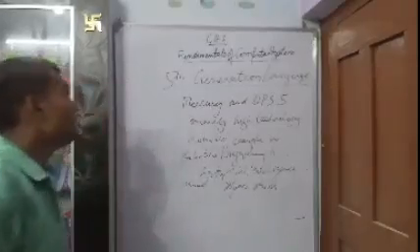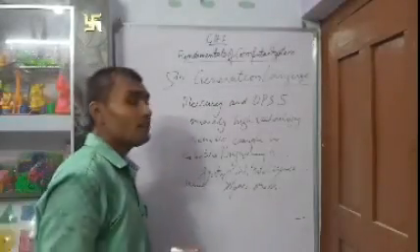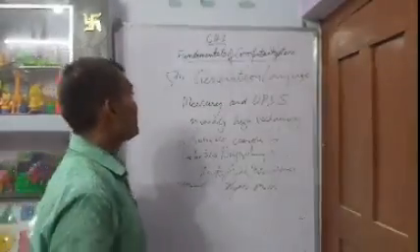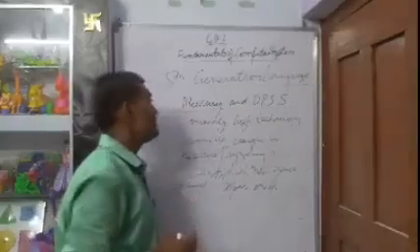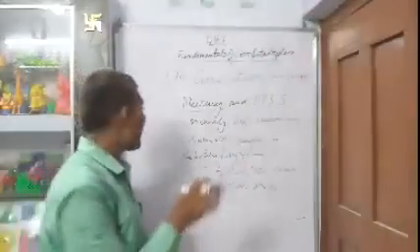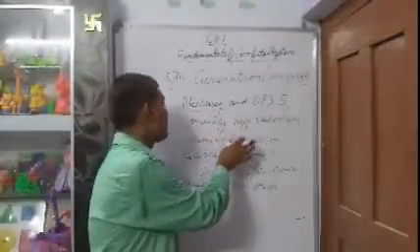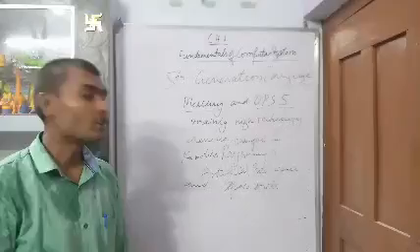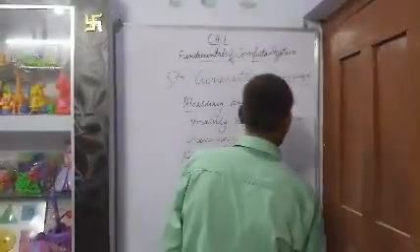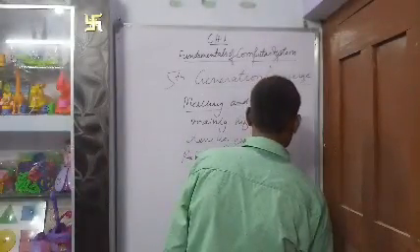Okay, so these are all the fifth generation languages, and Mercury and OPS 5 are the examples of the fifth generation language. Mainly they are used in high technology devices, for example, in artificial intelligence or in the spaceship programs.